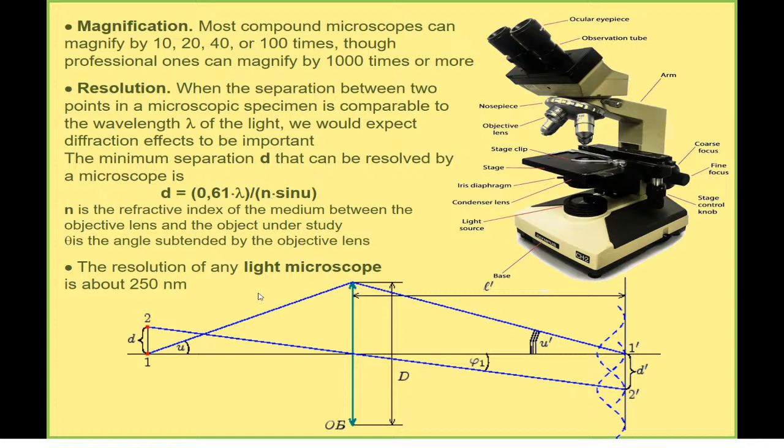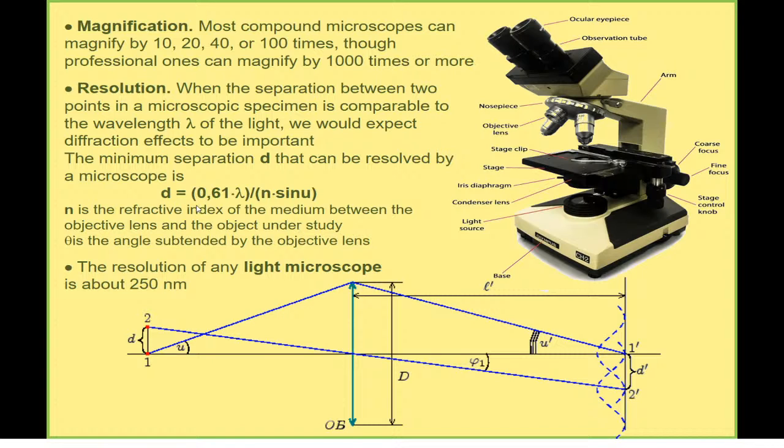The resolution of any light microscope is about 250 nanometer, and this is the minimum distance. If you take another, not light microscope, ultraviolet for example, you decrease the wavelength, and this ultraviolet microscope will be of greater resolution.